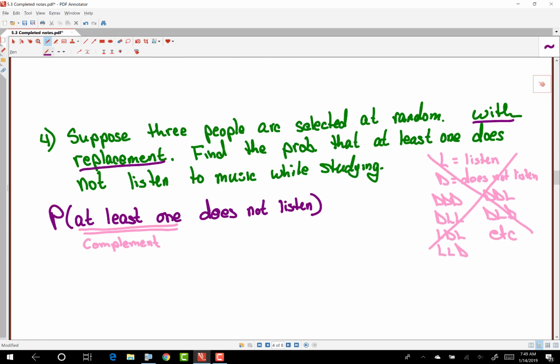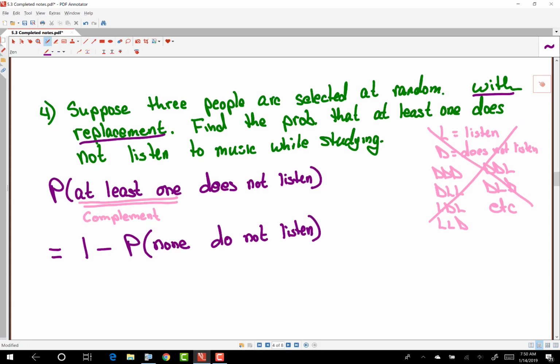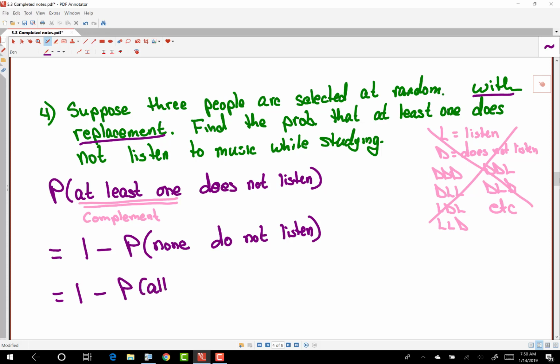So what you can do whenever you have at least one is you can rewrite this as 1 minus the probability of the opposite. So change the at least one to none. So 1 minus the probability that none do not listen. Now that is really bad English. So another way to say that would be 1 minus the probability that they all listen.